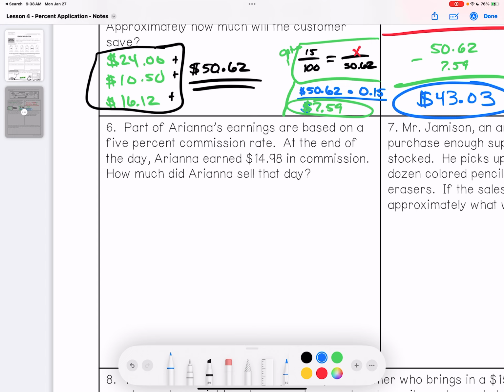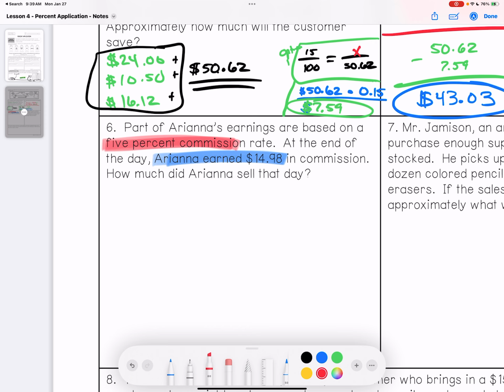Part of Ariana's earnings are based on a 5% commission rate. At the end of the day, she earned $14.98 in commission. So Ariana earned, let's highlight this, $14.98. So she gets a 5% commission.